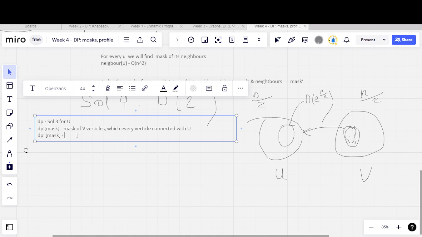What will it be? It will be alpha at submasks. I think just alpha at submasks.